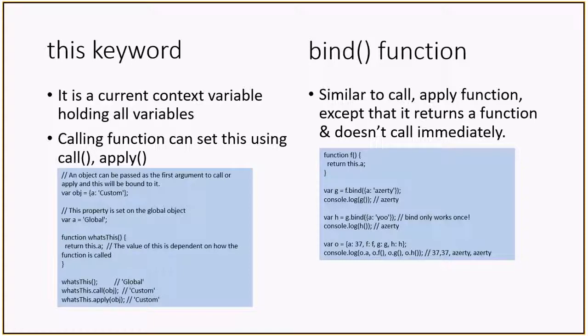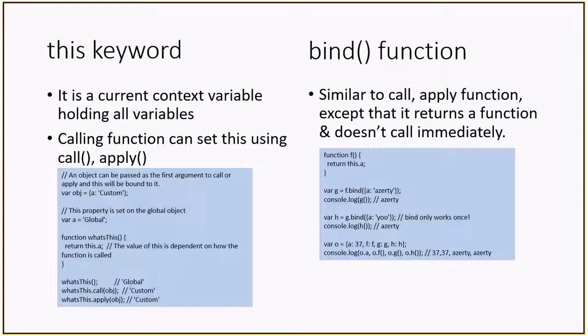If you are inside this function and you point this dot a, this function has access to all the variables, right? The global variables too, because each function has access to three kinds of variables: local, function, and global.